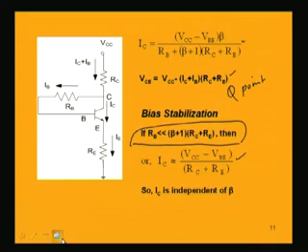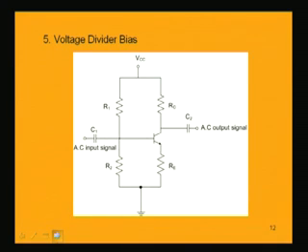Now, finally, we will discuss a scheme which is most popularly used and has advantages, known as the voltage divider bias scheme or potential divider bias scheme. In this scheme, apart from using a single resistance RB, two resistances R1 and R2 are used in this fashion.